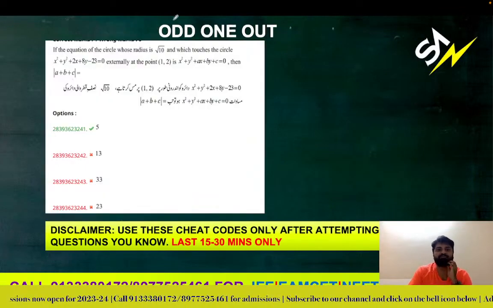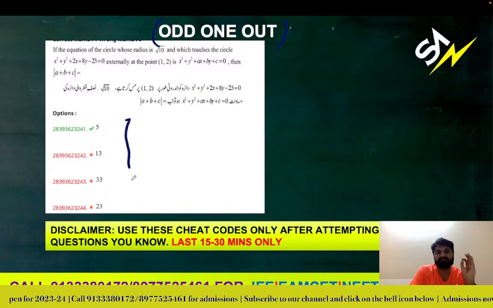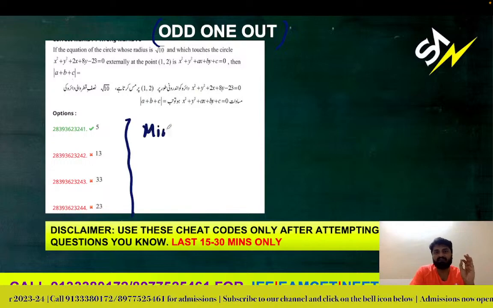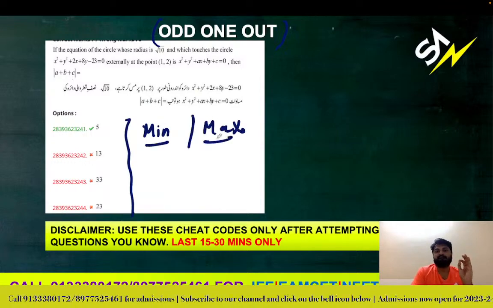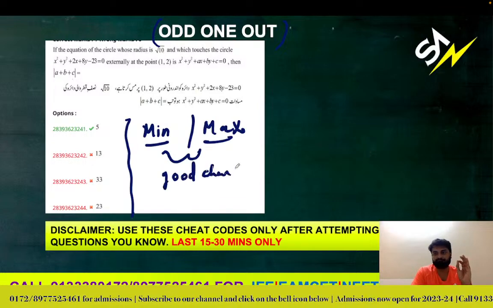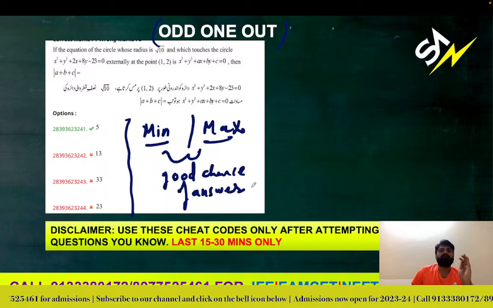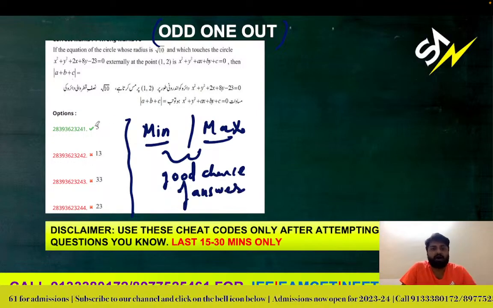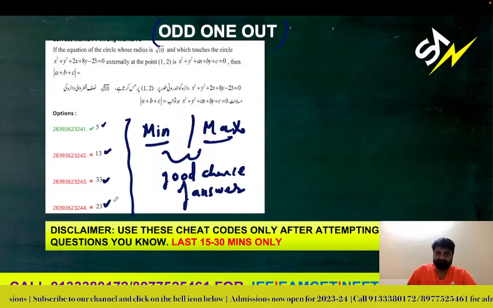Now the next one is odd one out. As I showed you in the first example, whenever you are observing a question, always minimum, maximum have a good chance of being the answer. So here, look at the options: 5, 13, 33 and 23.